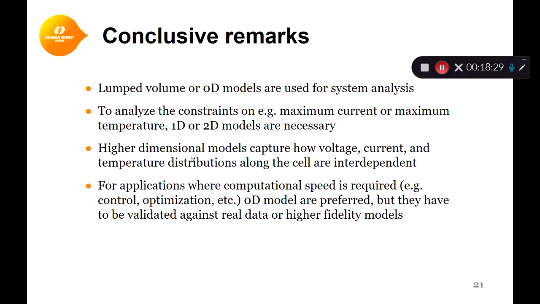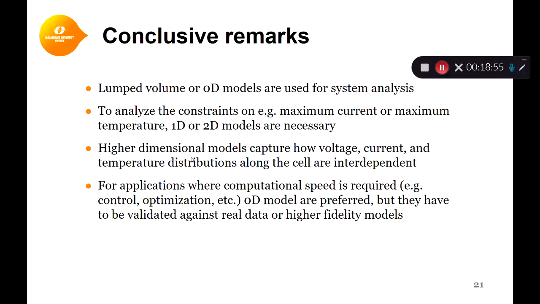But if we need to analyze the constraints given, for example, on the maximum current density or the maximum temperature, we need one-dimensional or two-dimensional models. Higher dimensional models capture how the voltage, current, and temperature distribute along the cell and how they depend on each other.